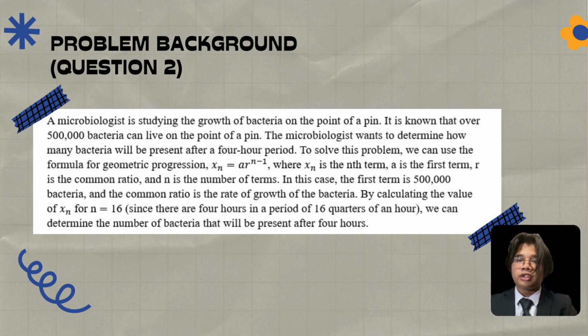By calculating the value of xn for n equals 16, since there are 4 hours of 4 quarters of an hour, we can determine the number of bacteria that will be present after 4 hours.